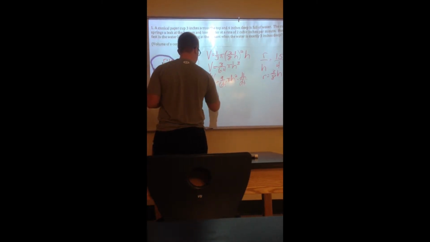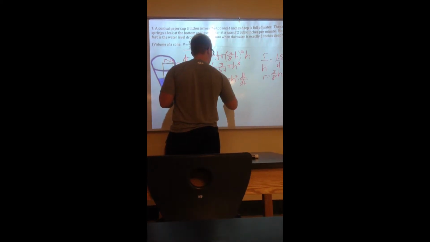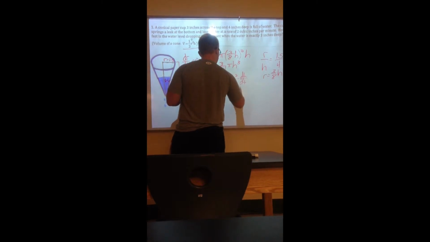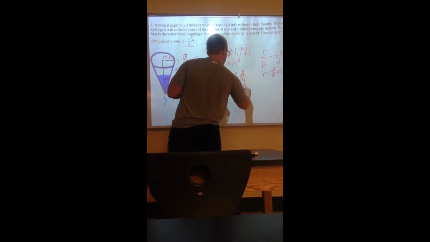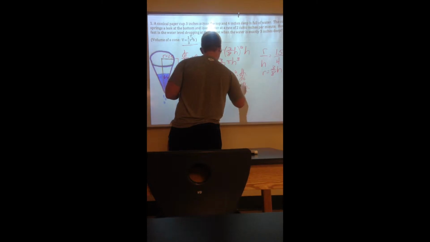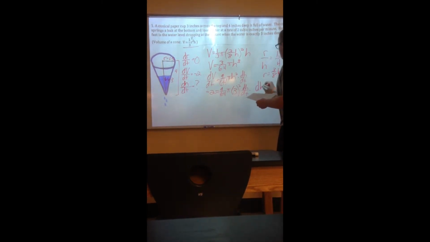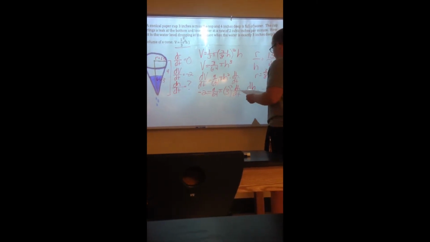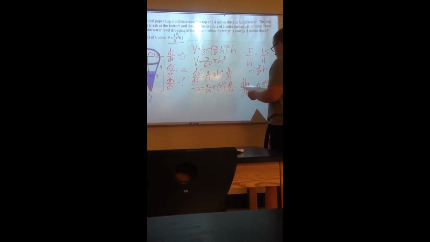So you know dV over dt equals negative 2, and you know that your height here is 3. And then dh over dt. And then all you have to do here is simplify. And what you should get is negative 0.503 inches per minute.